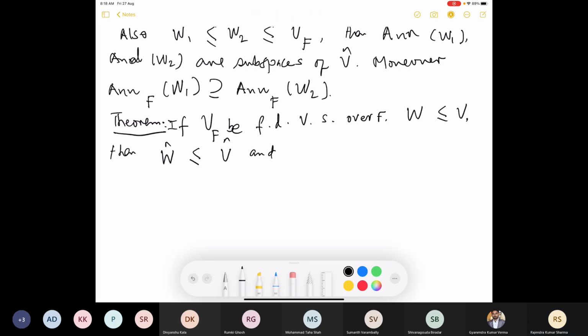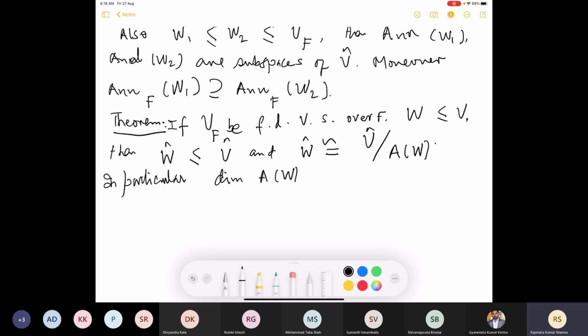And this is actually isomorphic onto V hat by AW, the quotient. In particular, we can also see that the dimension of the annihilator AW is the dimension of V minus the dimension of W, where AW means annihilator.